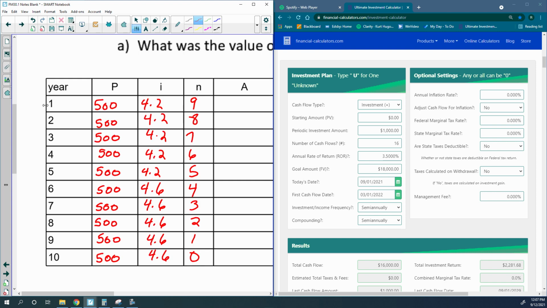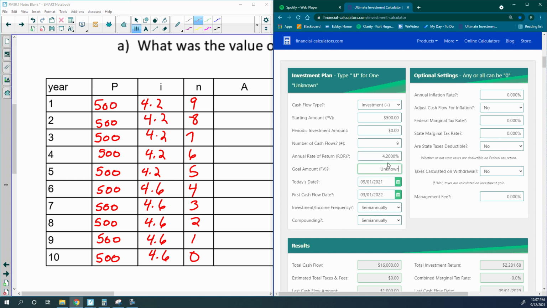For the first one, our principal was 500, so each of these is going to be 500. There are no regular payments, it's just a lump sum of 500. The number of cash flows for the first one is done annually, so it would be 9, once a year for 9 years. The interest was 4.2.